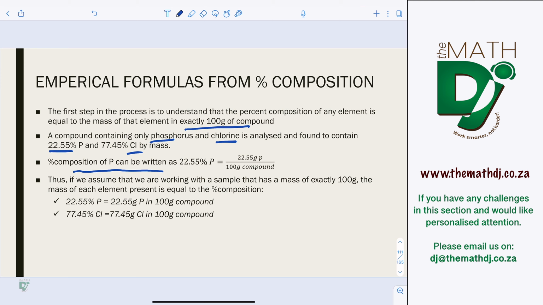So this is how we do it. You convert that percentage into grams. So basically 22.55% into grams.